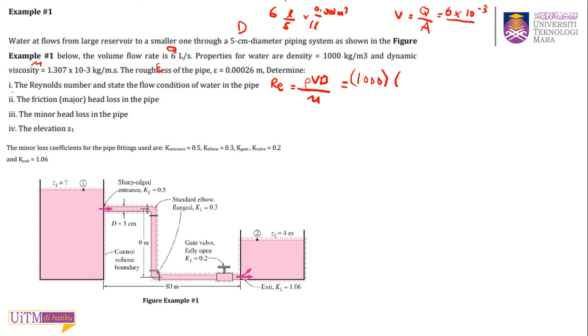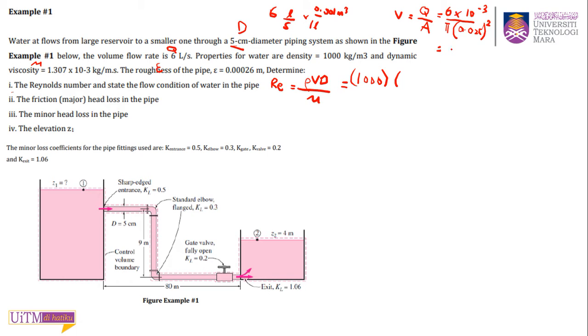The diameter is 5 centimeter, so you can find the area, pi r squared or pi d squared over 4. 5 divided by 100 in meter, divided by 2 to get your radius, 0.025 squared. So V equals 6 times 10 to the minus 3 divided by pi times 0.025 squared.